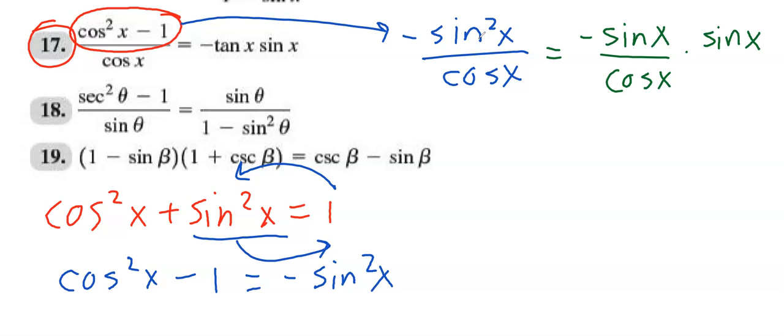I wanted the negative to be with the tangent, and the sine x to be alone by itself. Yeah, I know they're being multiplied together. So that's why I broke it up like this. Right here is my tangent x. It's got a negative. Sine x is by itself. We're just manipulating it till we get it into the form we need for the end of the proof. And then we're done for that one.